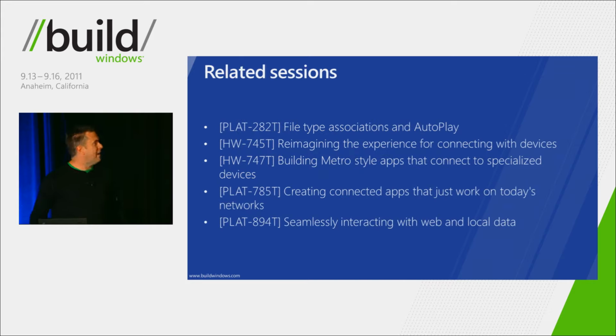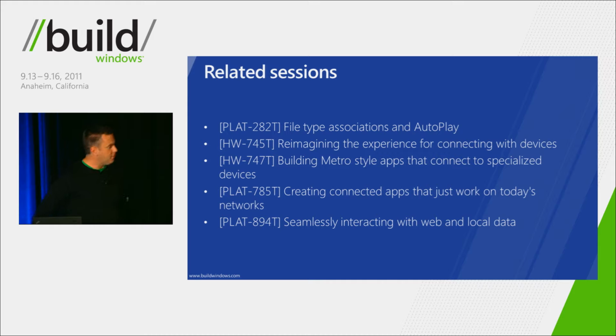There are a number of related sessions that I talked about earlier that I'll leave you with here. As I mentioned, 282 covers default file associations as well as autoplay. 745 is a great introduction to device experiences for Windows 8 and provides more detail on device capabilities.